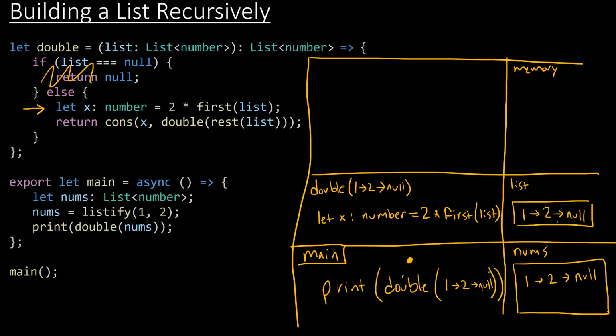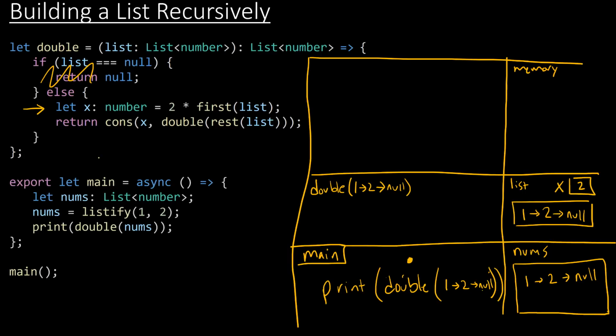What is the first value of our list? Normally we would substitute list in here, but we know the first value of this list is 1, so I'm just going to substitute this call of first with a value of 1. Now we've got 2 times 1, which is just 2. Now we're saying assign 2 to the variable we're declaring named x. So let me make some space in memory to store x, and x has a value of 2 in it. We've completed this variable declaration and assignment line.